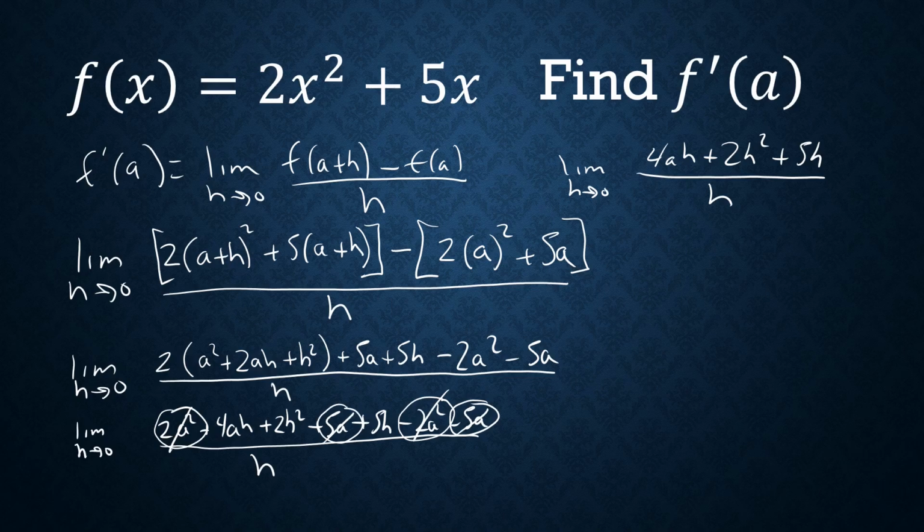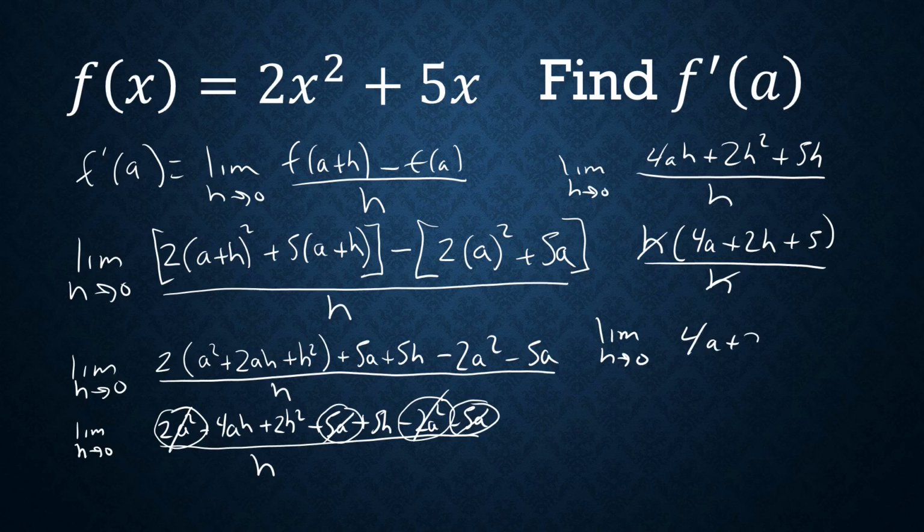I'm going to factor out an h on top, which gives me h times 4a plus 2h plus 5 over h. And then the h's will cancel out. So I have a limit as h approaches 0 of 4a plus 2h plus 5.